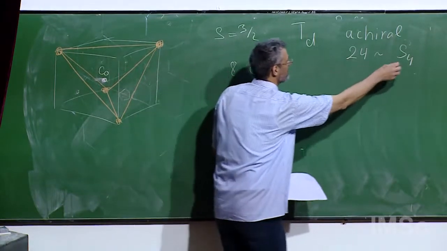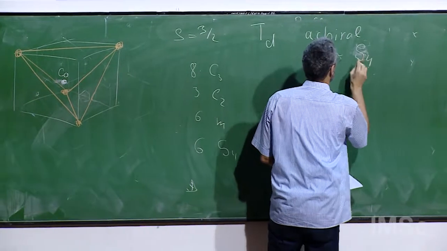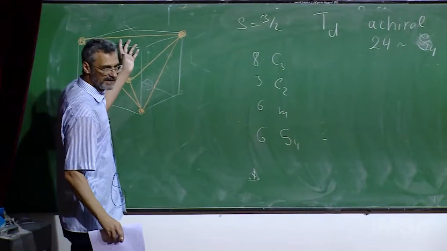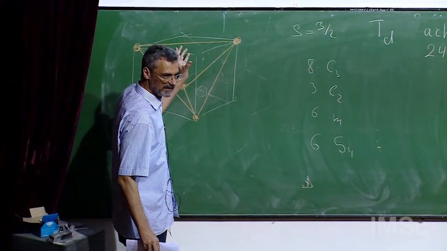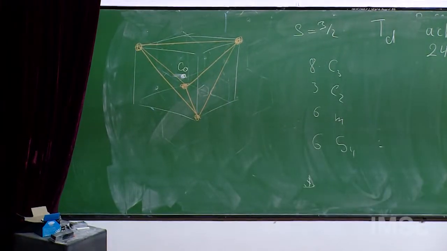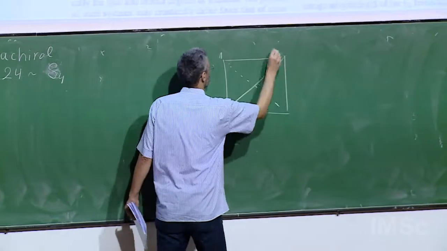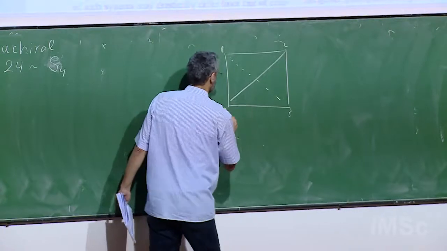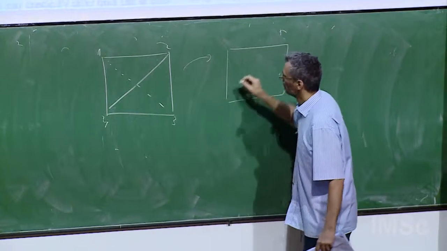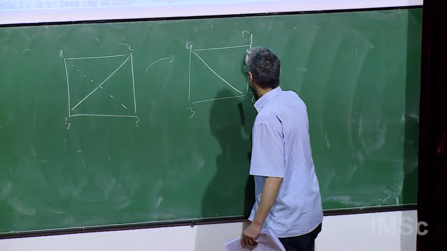This S4 is not the same S4 as the symmetry group, so maybe I write it like this: this is the group, and this is just the simple S4. It means a C4 rotation followed by inversion. Right? So if we have a tetrahedron, I draw it from above. If we apply a C4 rotation, it will go over to 1, 2, 3, 4, this here.